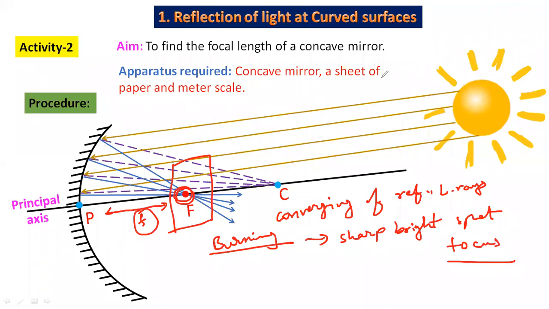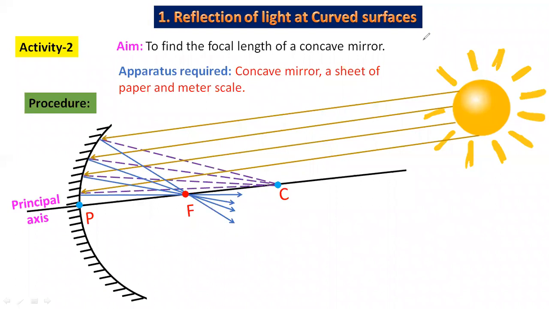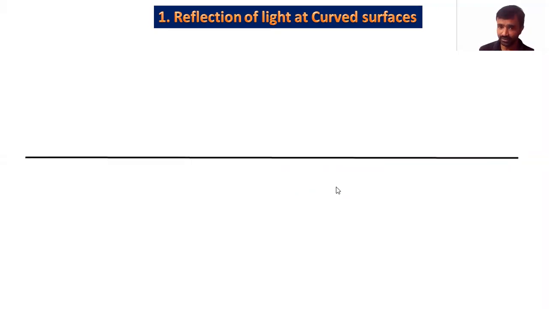Now we'll go to another topic. What we discussed in activity 2, we are trying to obtain as a diagram using geometry knowledge. For that, I am drawing a straight line on the horizontal paper as you see here, then identifying a point on the line towards the right side as the center of curvature.